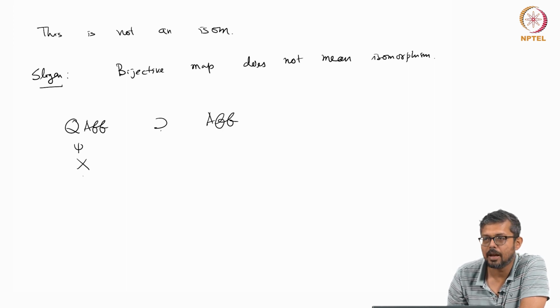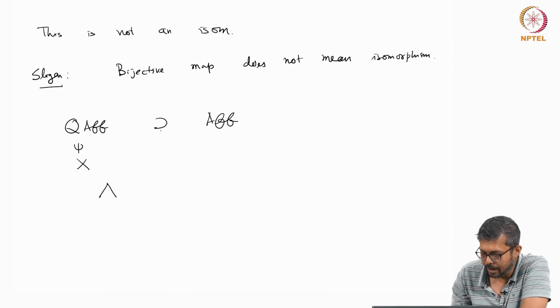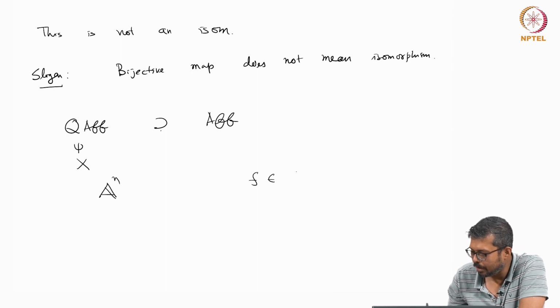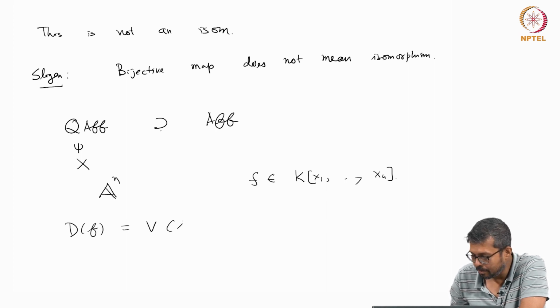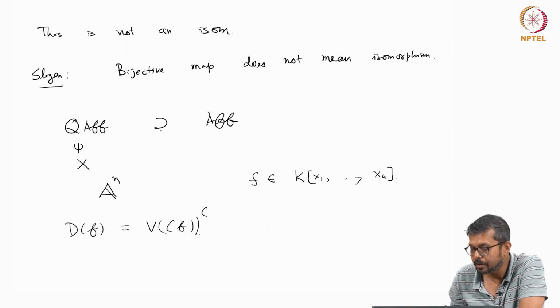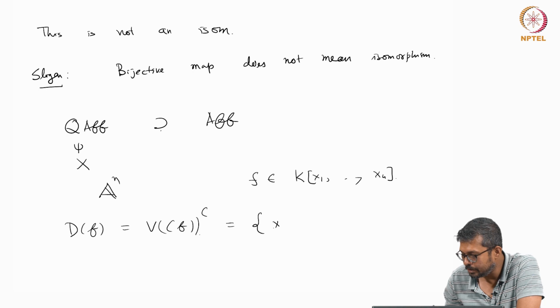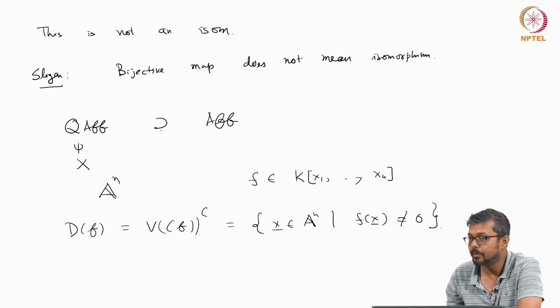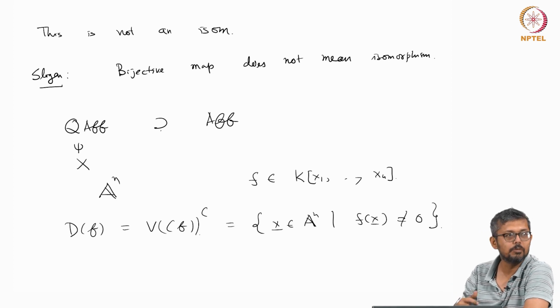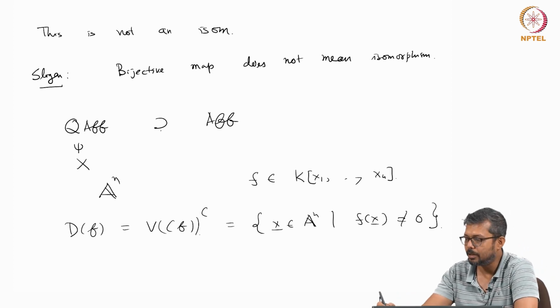For example, suppose you take A^n and take a polynomial f in k[x1, x2, ..., xn] and consider the zero set. So the complement of the zero set is nothing but the complement of V(f). That is the set of all points in A^n such that f does not vanish. So this is a basic open set. These are called basic open sets. This forms the base of the Zariski topology.